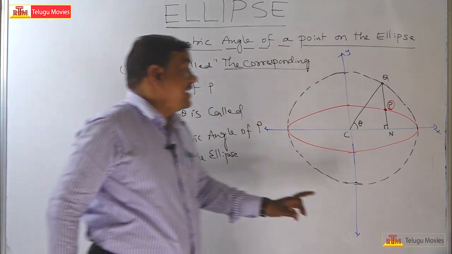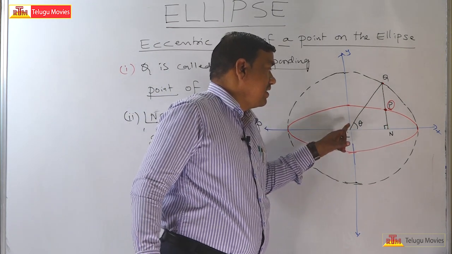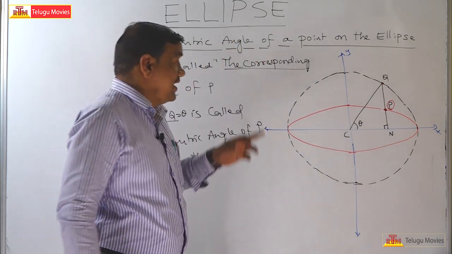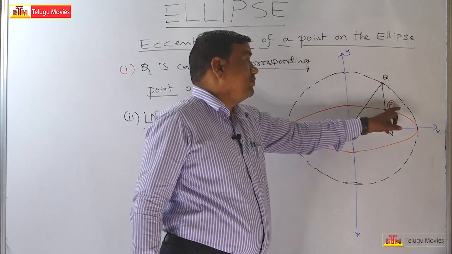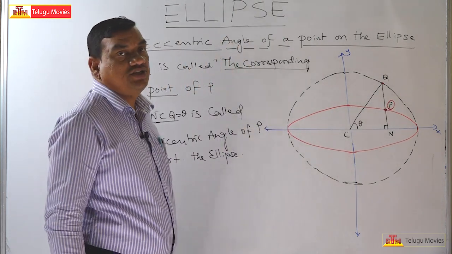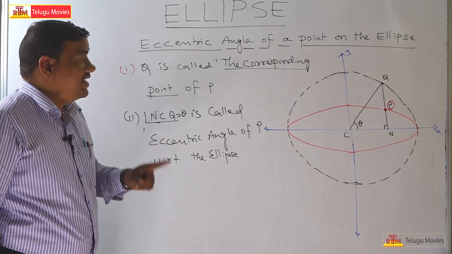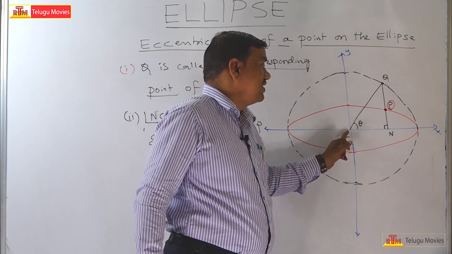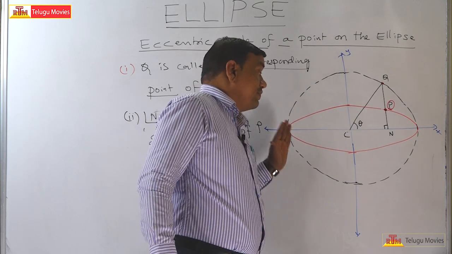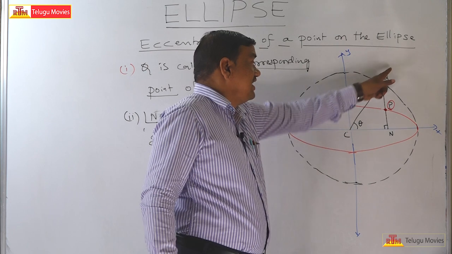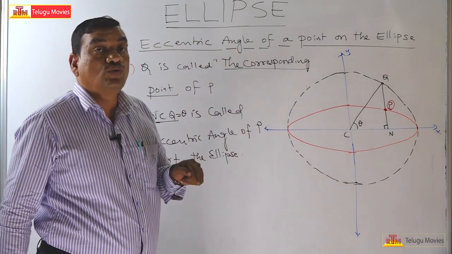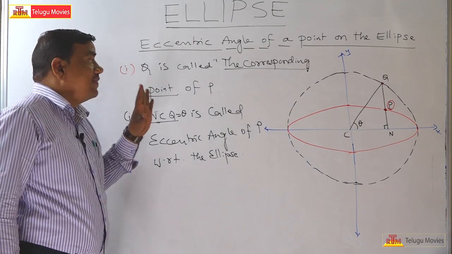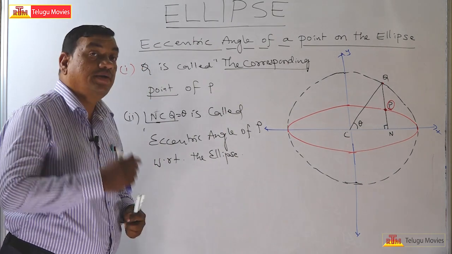The angle made by the line segment CQ at the center is called the eccentric angle of the point P. Understand this? See here, this angle NCQ is nowhere related with P. Why? Because we are not joining CP, we are joining CQ. What is Q? Q is the corresponding point of P. So that is called the eccentric angle of the point P.